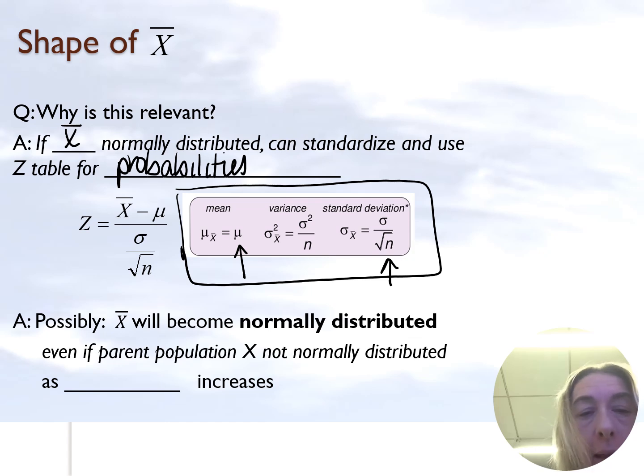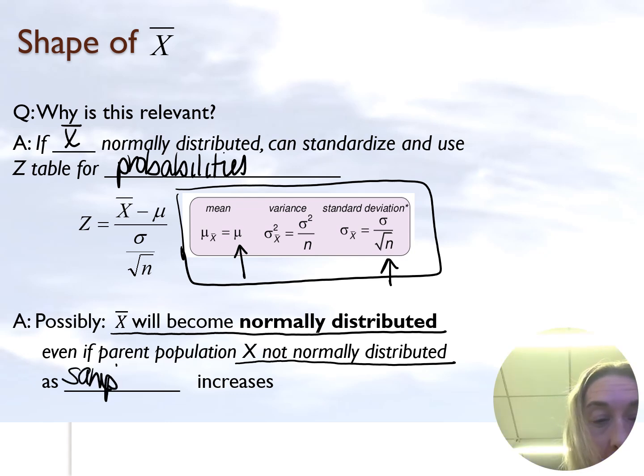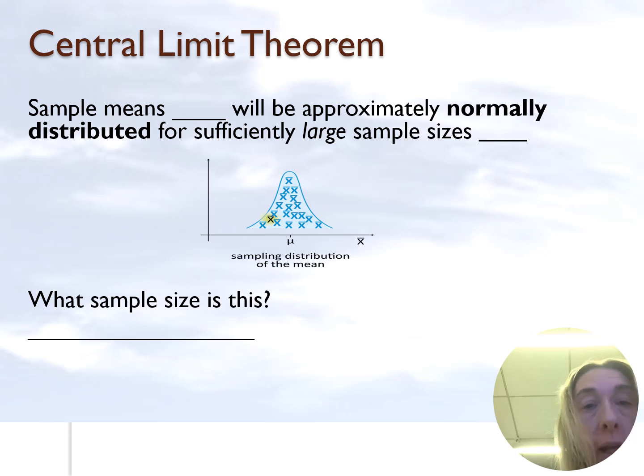X bar will become normally distributed even if the parent population X is not normally distributed as, and this is the key, the sample size n increases. The central limit theorem says that the sample means, or the X bars, will be approximately normally distributed for sufficiently large sample sizes n.